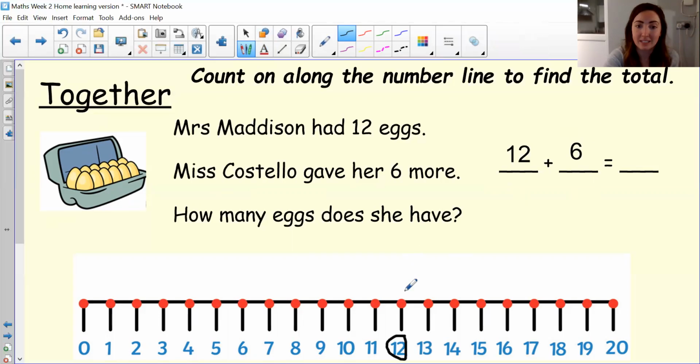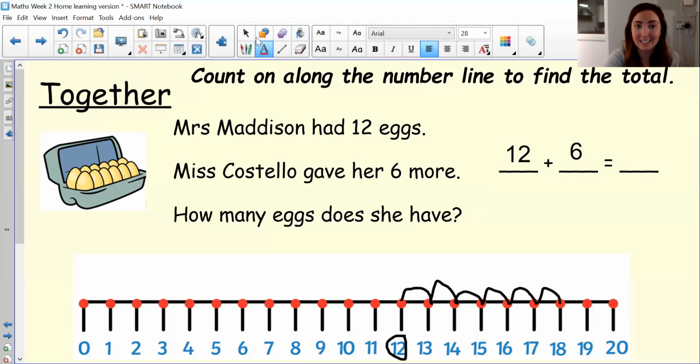We need to make 6 jumps. Count with me. 1, 2, 3, 4, 5, 6. Okay, so what number have we landed on? We landed on number 18. So 12 add 6 equals 18.